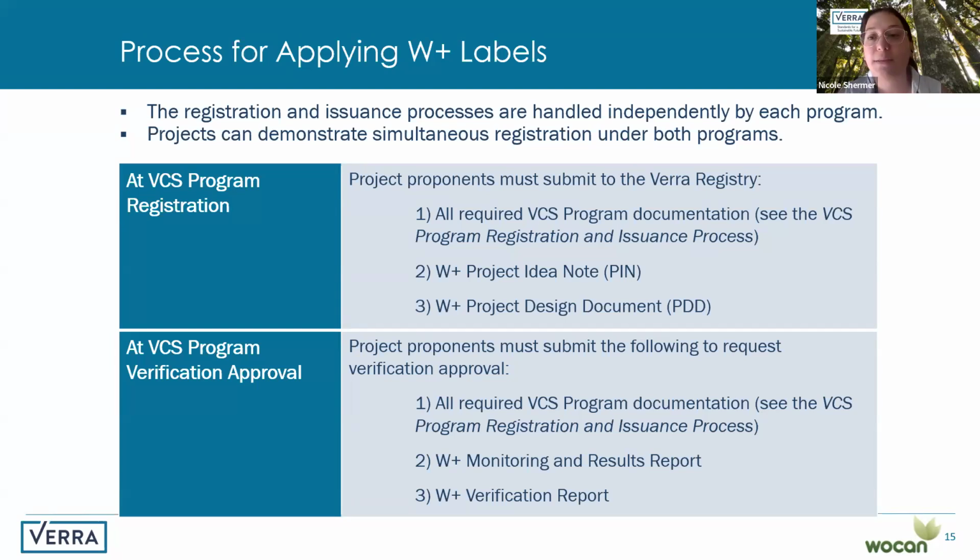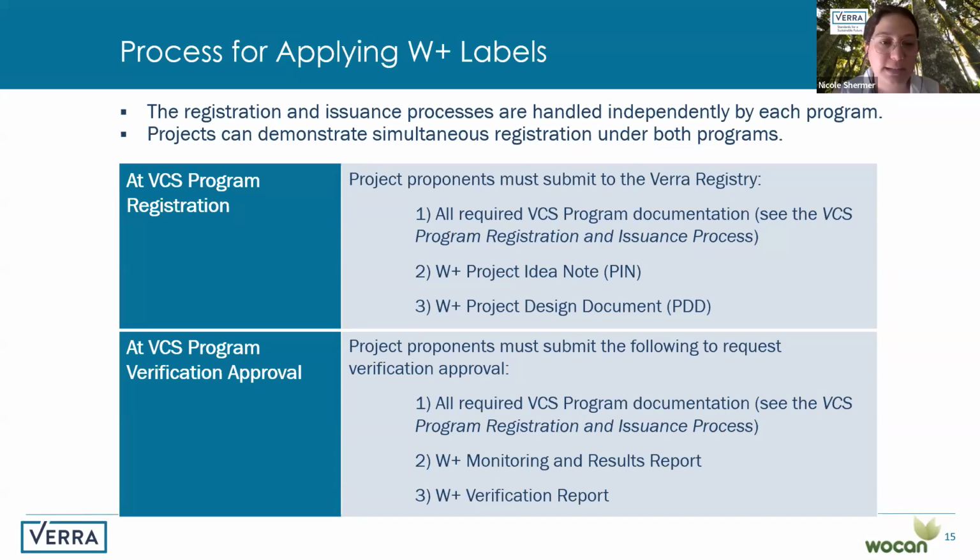And then either at the same time or afterwards, depending on when that W+ standard registration is achieved, you can also send along the W+ standard registration project documents to the Verra registry. And then once the Verra registry confirms with the W+ coordinator, these are approved by W+, those can be updated or uploaded to the project page of the project on the Verra registry.